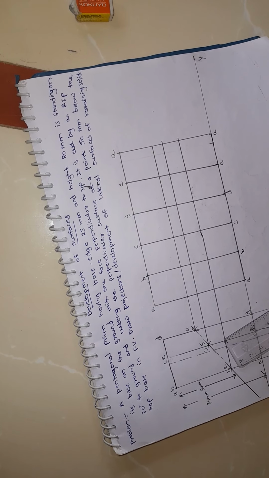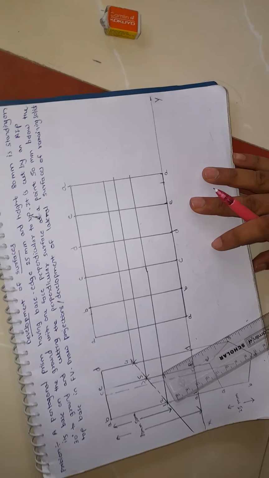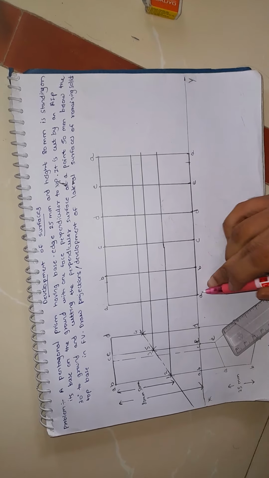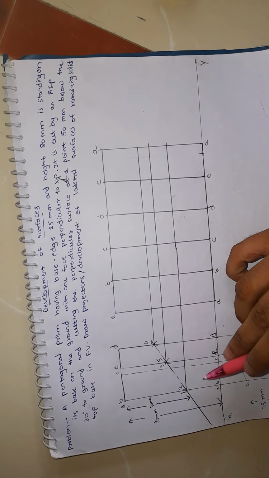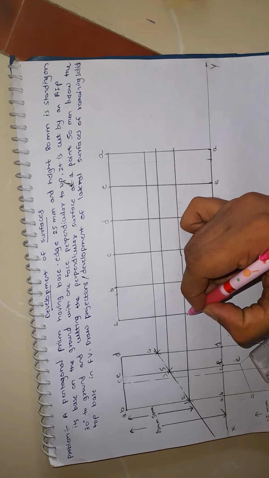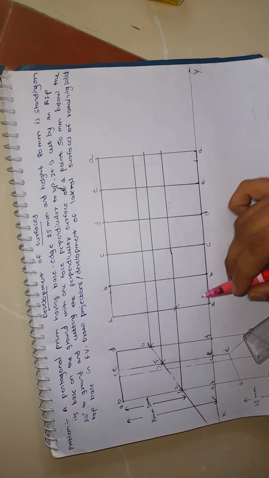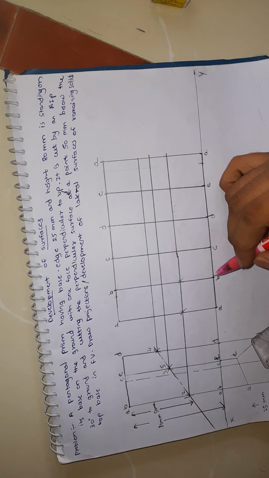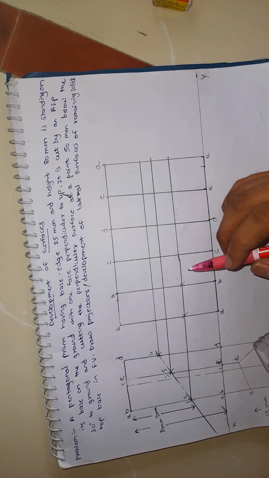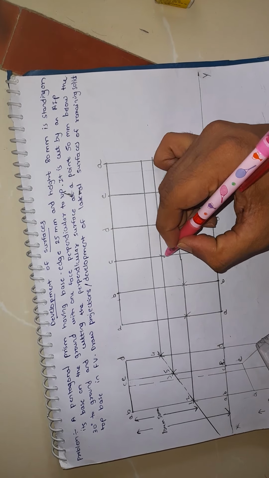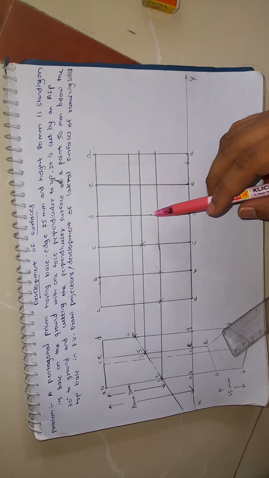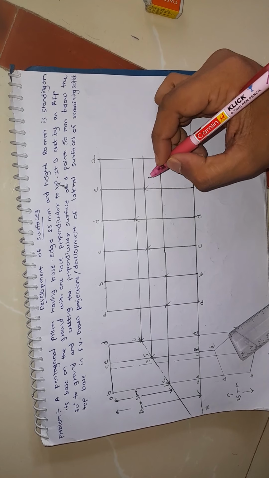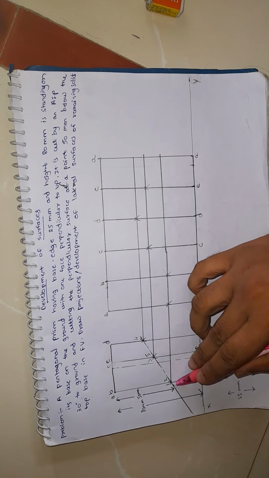Now mark the points. This is one point which is on A, this is the second point which is on B, then the third point which is on C, then the fourth point which is on D, and the fifth point which is on E, and again on A there is the first point.